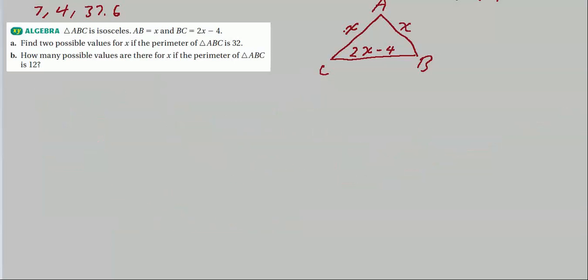Well, we can start out by remembering that when we set up 2x minus 4 equals x, and you got that x equals 4, that didn't depend on the perimeter. We were just setting these two equal to see if that was even possible. For a perimeter of 12, this would be 4, this would be 4, and this would be 4. So it's possible. It works just fine.